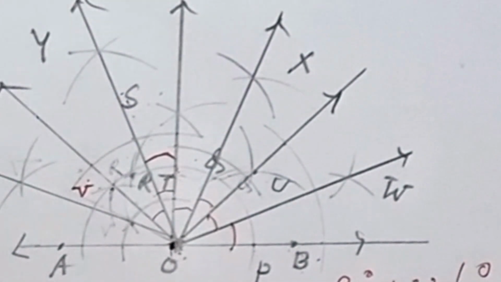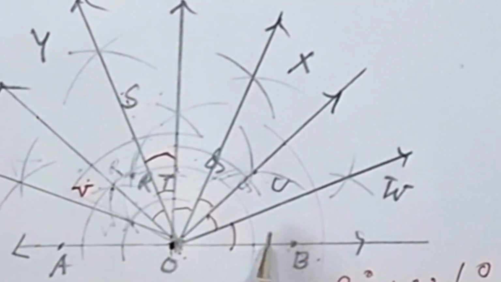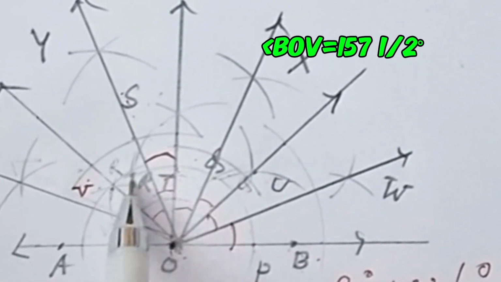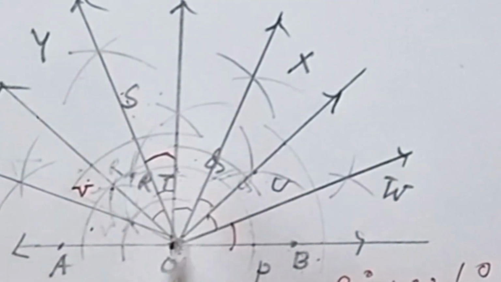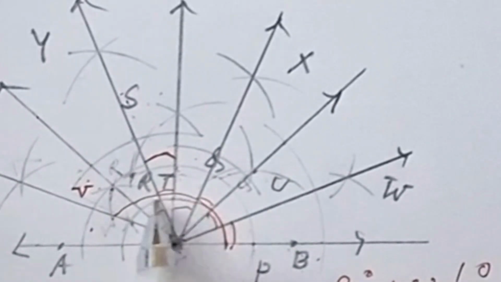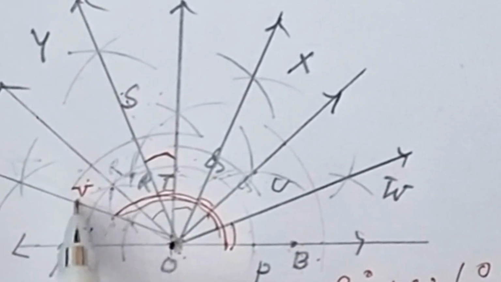And if we multiply 22.5 degree with 7, we get 157.5 degree. Here there are 8 angles of 22.5 degree measurement, 1, 2, 3, 4, 5, 6, 7, 8. Out of this, if one angle is subtracted, then the remaining angles make the total angle, whose name is BOV.